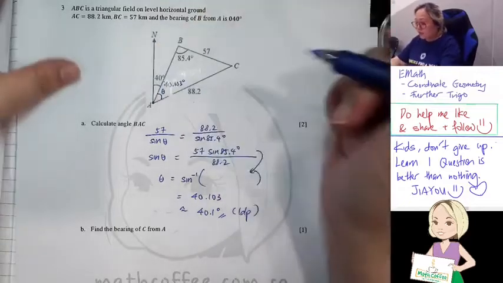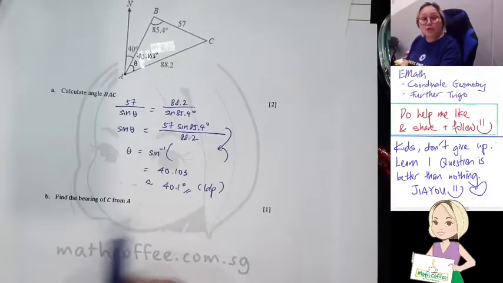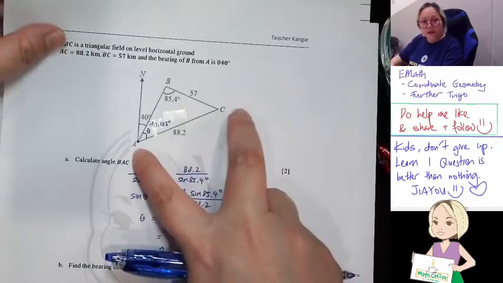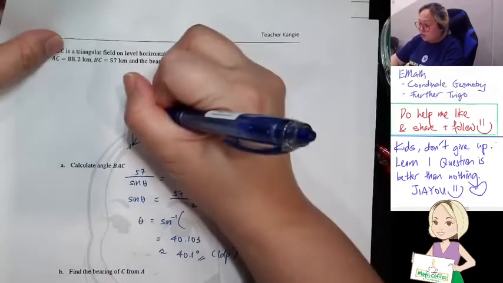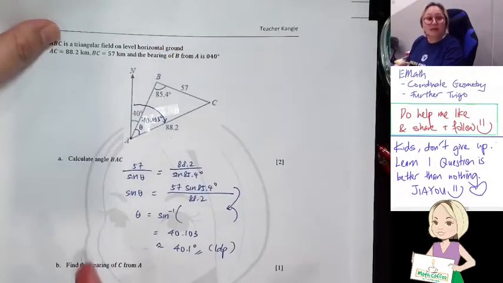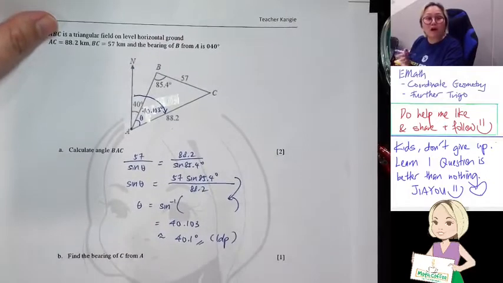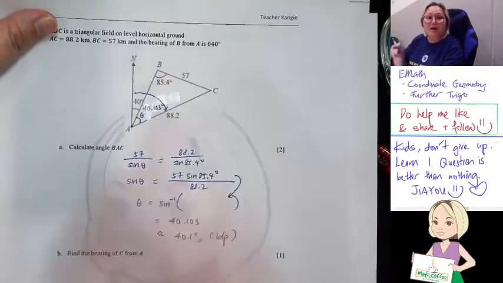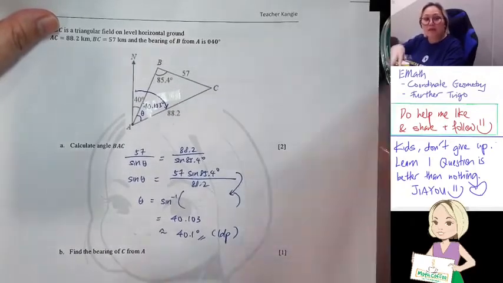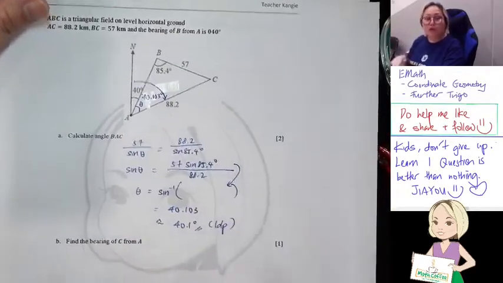Next, they say C, so you look for the line AC. AC is here, correct? So what you need to do is go clockwise. What they want is from here to here. This is the angle that they want. This is called the bearing of C from A. At A, put the north pole, go clockwise, look at the line AC, that will be the angle they want.